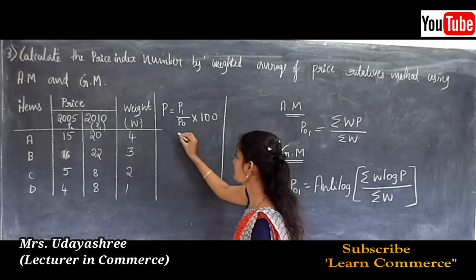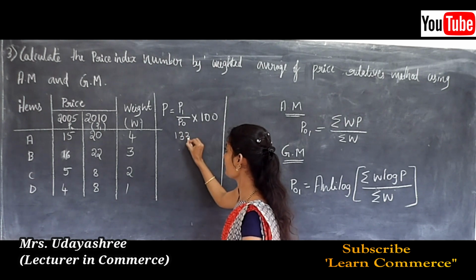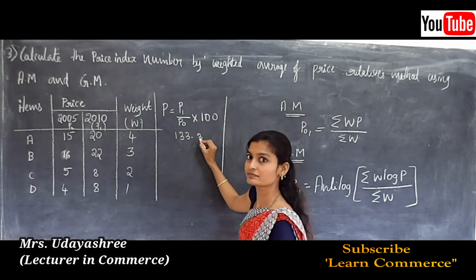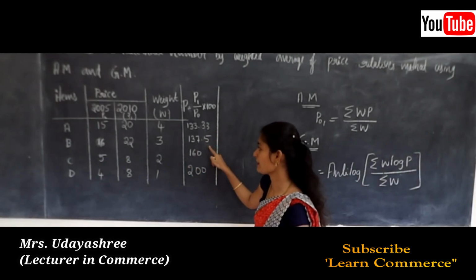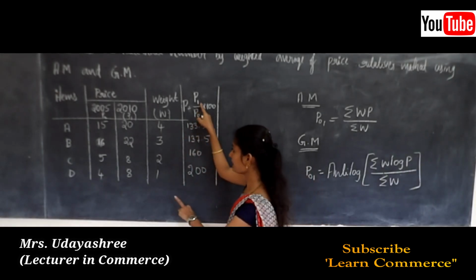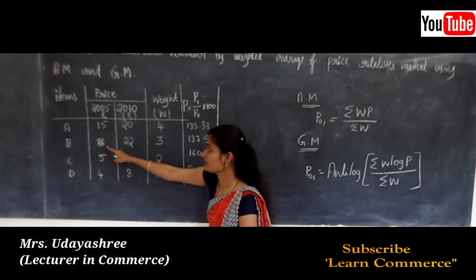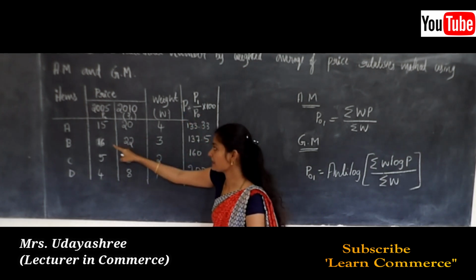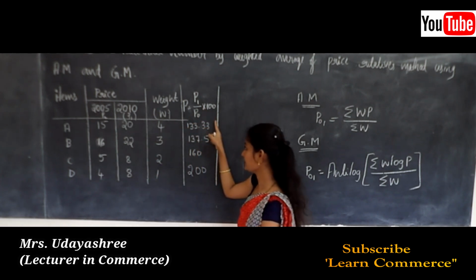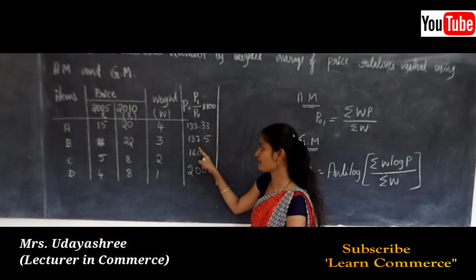The answer is 133.3. Okay, similarly, the remaining values are, that is P1 is 22 divided by P0 is 16. So 22 divided by 16 into 100, the answer is 137.5.